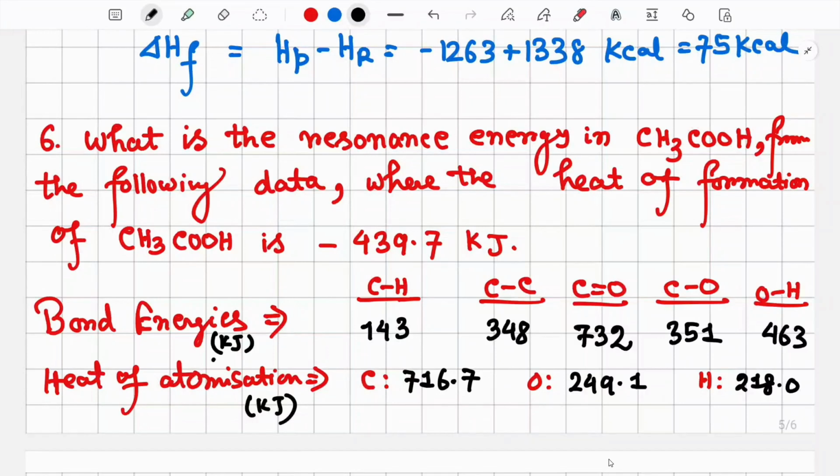But you have to consider there is a resonance energy between these two bonds. Calculate the resonance energy.